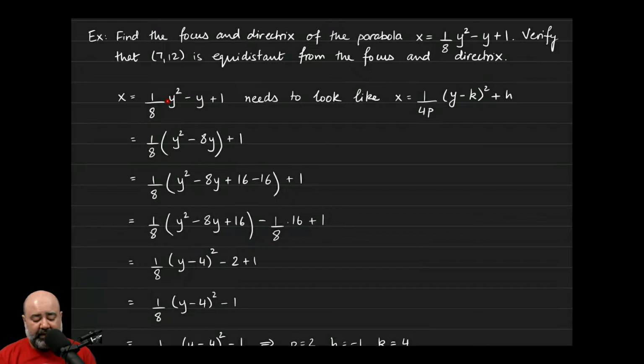So if we factor out a 1/8 from the first two terms, we leave the constant term as it is, and you'll see later why. If I factor out a 1/8 from the first term and from the second term, I'm going to get y squared minus 8y. You might not be used to doing this, so make sure you pause the video and understand how exactly this happened. If you're not certain of it, distribute and understand why you would have an 8 here.